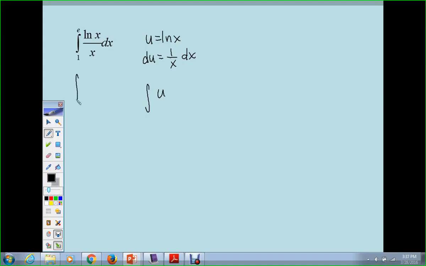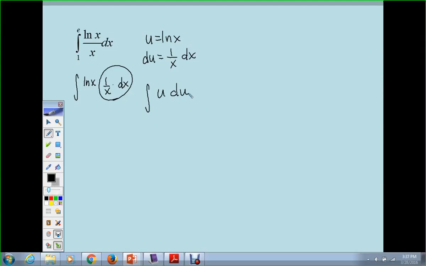And you see here we have ln of x times 1 over x times dx. So this 1 over x dx here can be replaced with simply du.